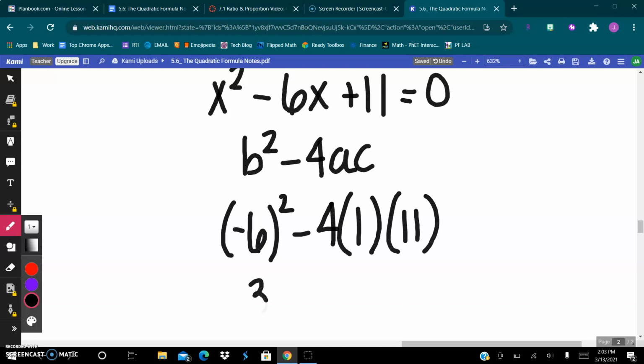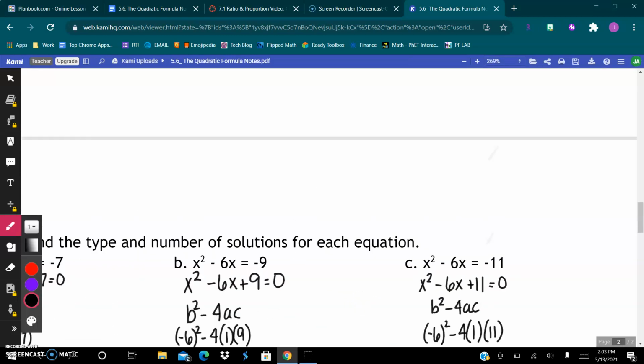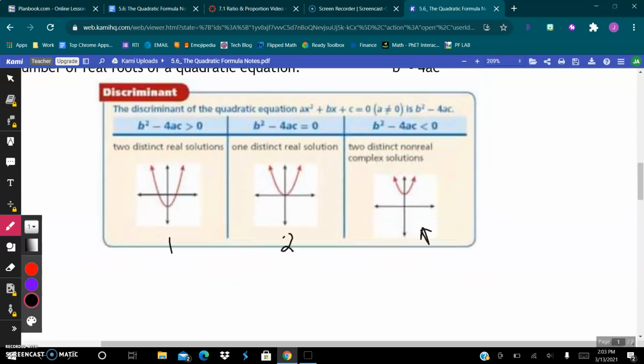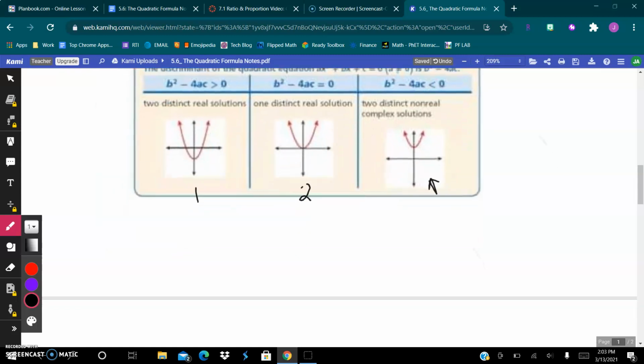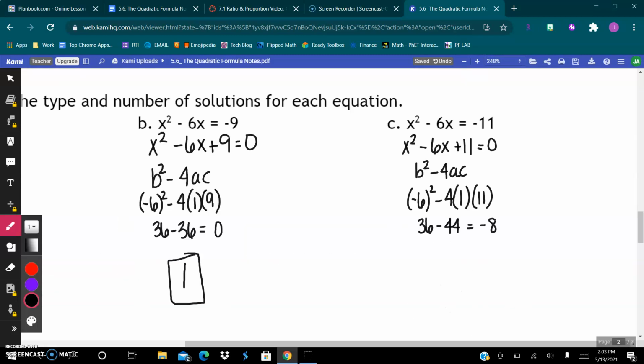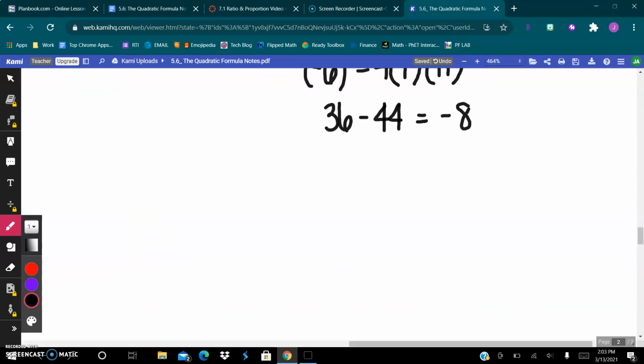So the -6 squared is 36. 4 times 1 times 11 is 44. So that would give me an answer of -8. So that's smaller than 0. And if we look at our chart, if b squared minus 4ac is smaller than 0, there are no real solutions. So our answer here would be 0.